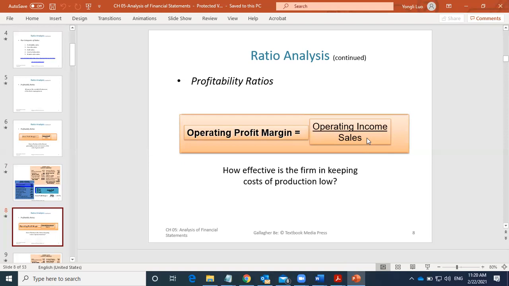Operating income is the income you generate from your main business. Okay, so you are doing computer assembly or selling computers, that is your main business. Your income from buying or selling a computer, that's your main operating income.